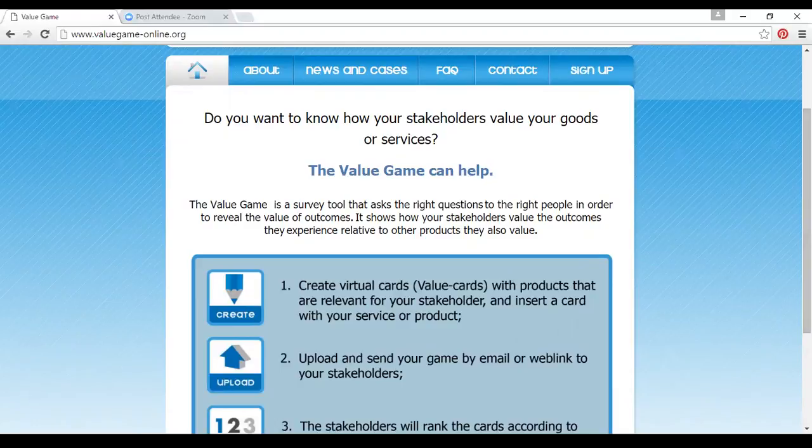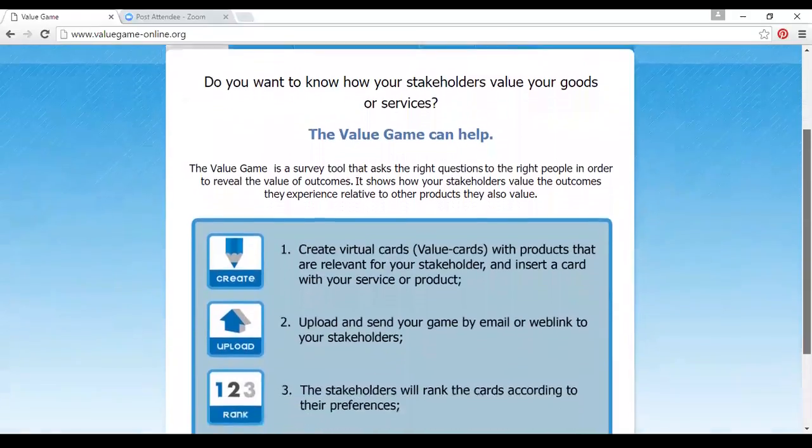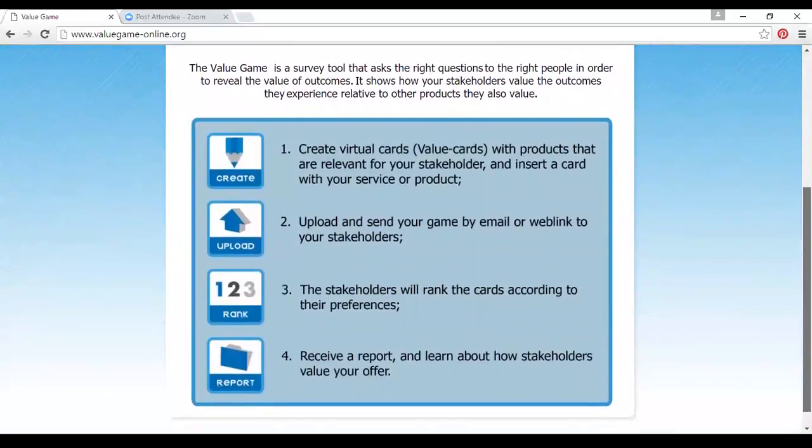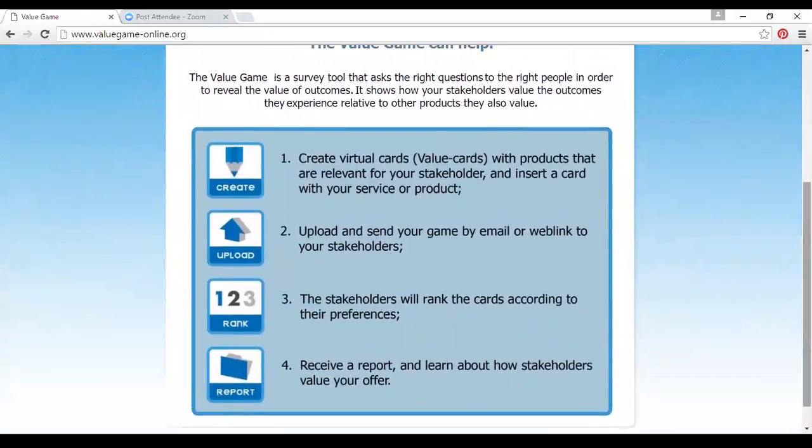But you can use this website to do the value game online, so people can click the buttons and do this valuation on here rather than having to do it within a group of individuals. So it's another great way to get a valuation where it seems that there isn't actually a value for a particular item and outcome that you're achieving.